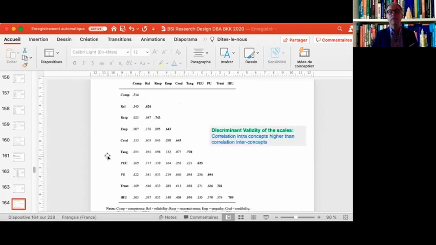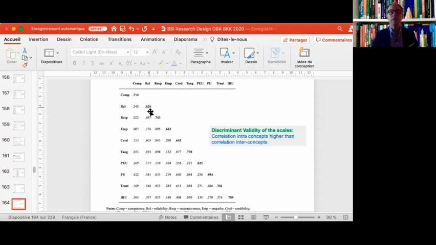And the discriminant validity is also satisfactory, because we can see here again that the correlations within the concepts, for example, competence, are higher than the correlation with all the other concepts. As we can see, reliability, responsiveness, empathy, credibility, tangibility, perceived ease of use, perceived usefulness, and trust.